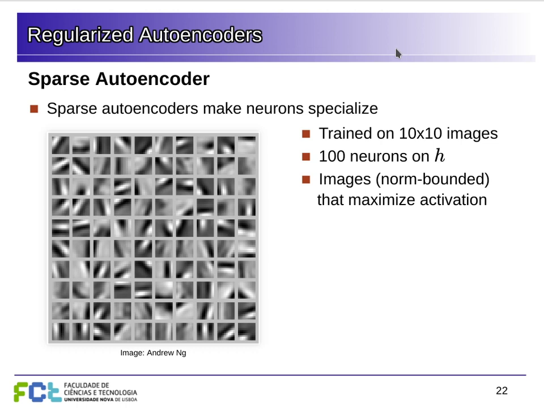So this is an example of a sparse autoencoder, which was trained on images that are 10 by 10, so 100 input values, grayscale images, and the hidden layer is also 100 neurons for the representation.